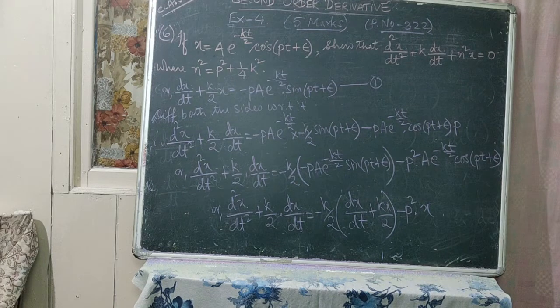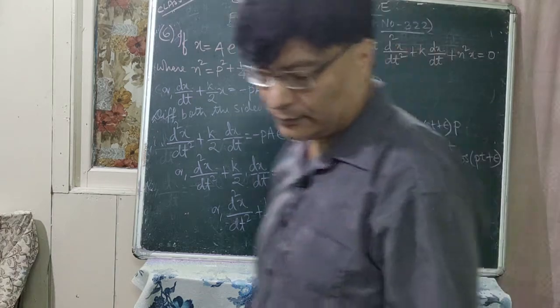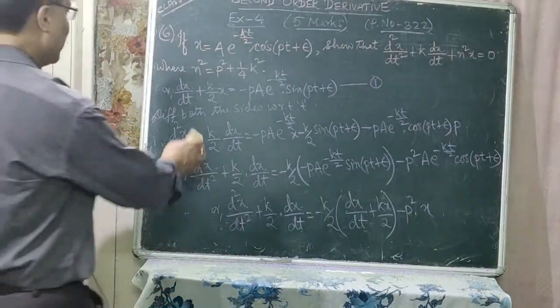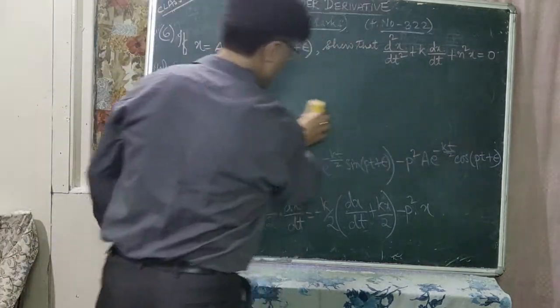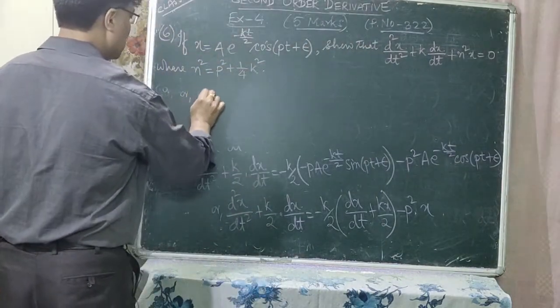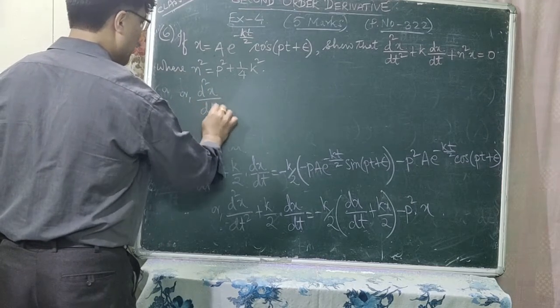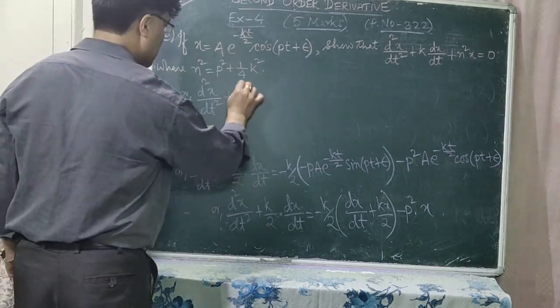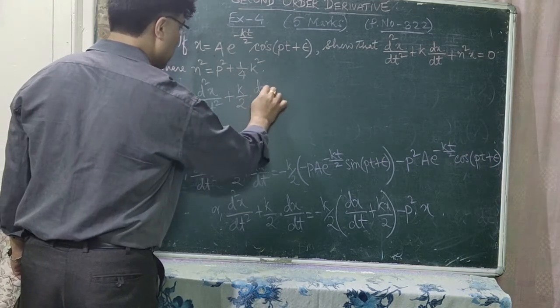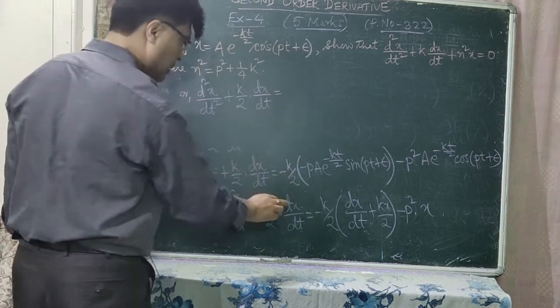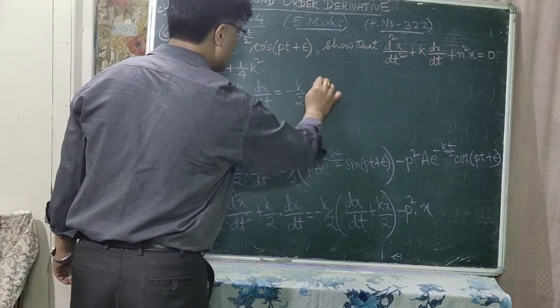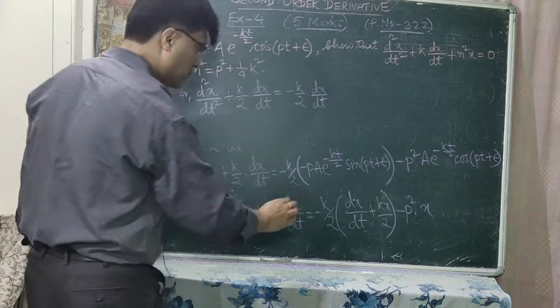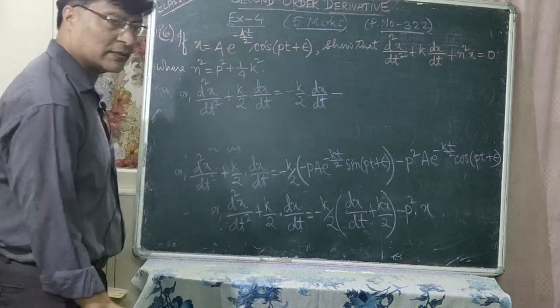So in the next step we can simplify it further, right? So now let's simplify it further. So now, this is your d2x by dt square plus k by 2 into dx by dt is equal to, now multiply them, minus k by 2 into dx by dt, then minus into plus, minus, right?